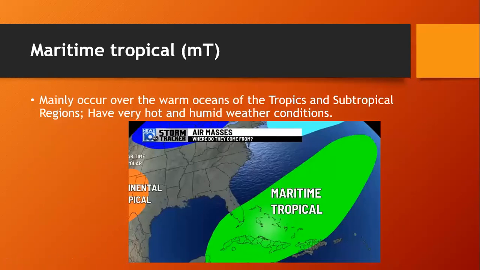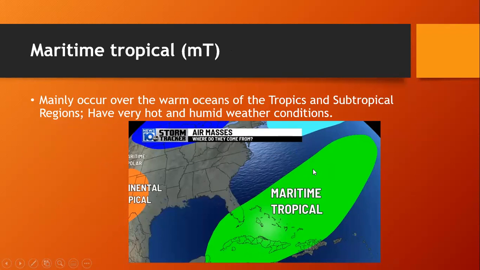Next is maritime tropical. Just like maritime polar was near the pole, maritime means an air mass over the ocean, and now this is tropical, much more near the equator. In this case, it's right by Florida and Cuba and Puerto Rico, right by the Caribbean.